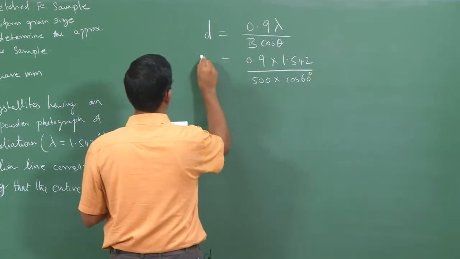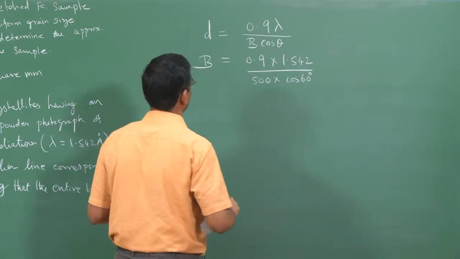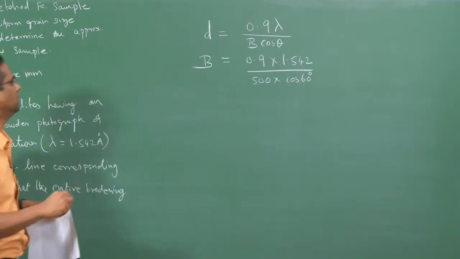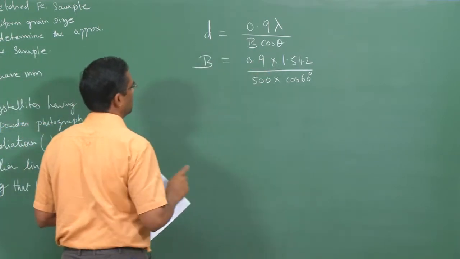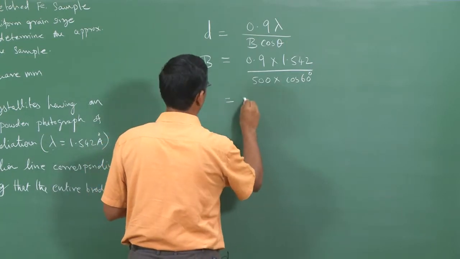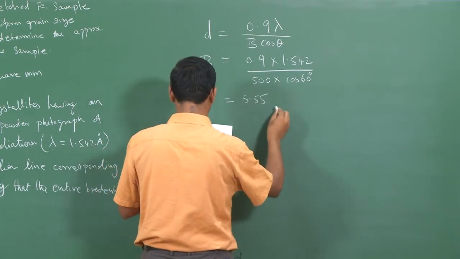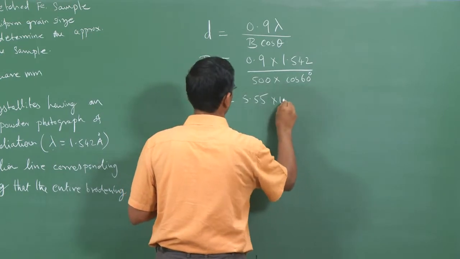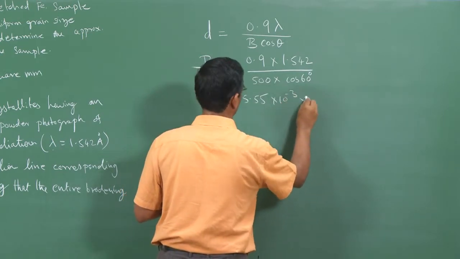This is B. Simply rewriting this equation, you are going to get something like 5.55 into 10 to the power minus 3 radian.